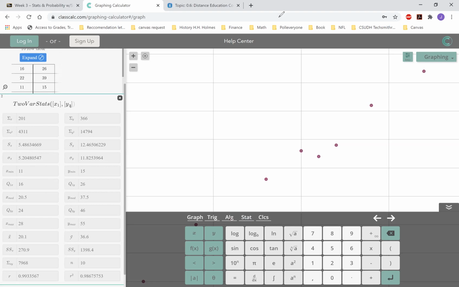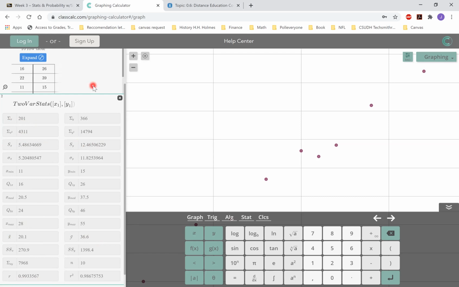Let's do spotlight. Right here, it gives me the standard deviation of X, and right next to it the standard deviation of Y. If you go down, it gave me X bar, which is 20.1, and Y bar, which is 36.6. Lastly, if you go all the way down, it gave me R, where R is 0.993356.